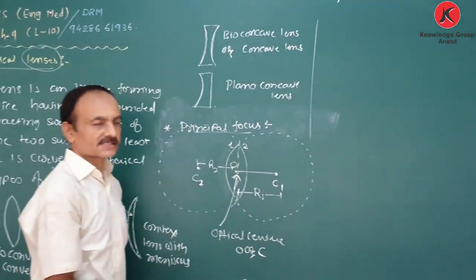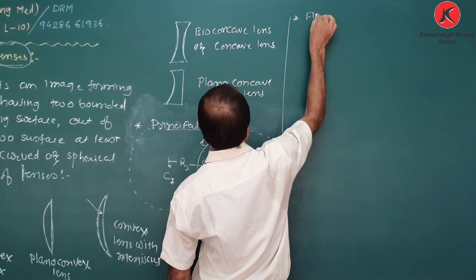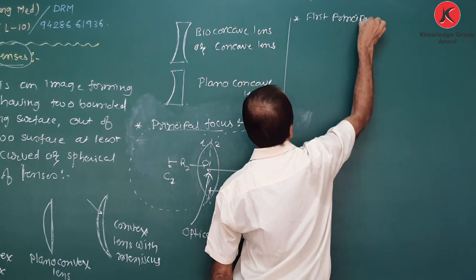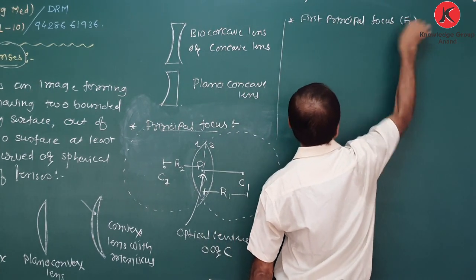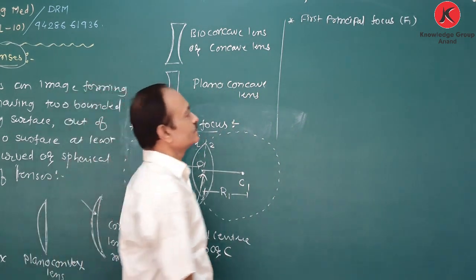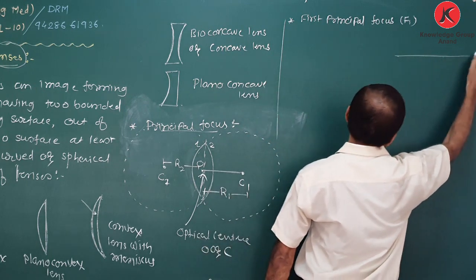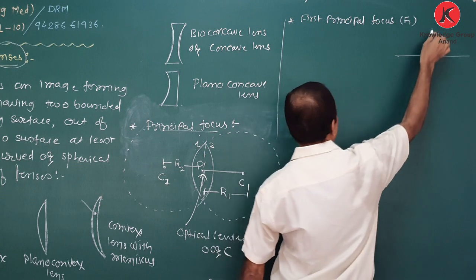What is the definition of the first principal focus? That is denoted as F1. For that purpose, here we consider the convex lens.